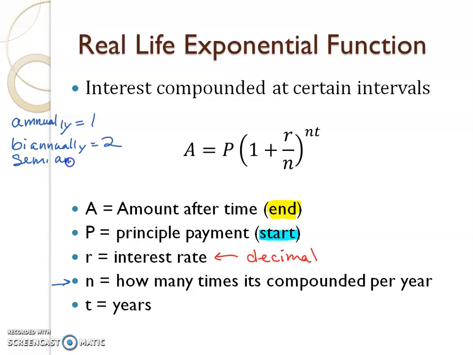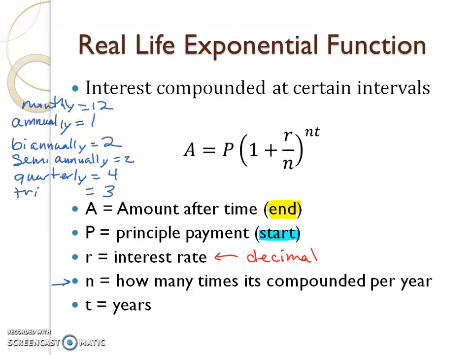Semi-annually, which I think they usually use, is 2 as well. Quarterly would be 4. They're going to do it 4 times a year. Tri-annually would be 3. Some other ones would be monthly. If they're doing it monthly, what would it be? Well, monthly would be 12.